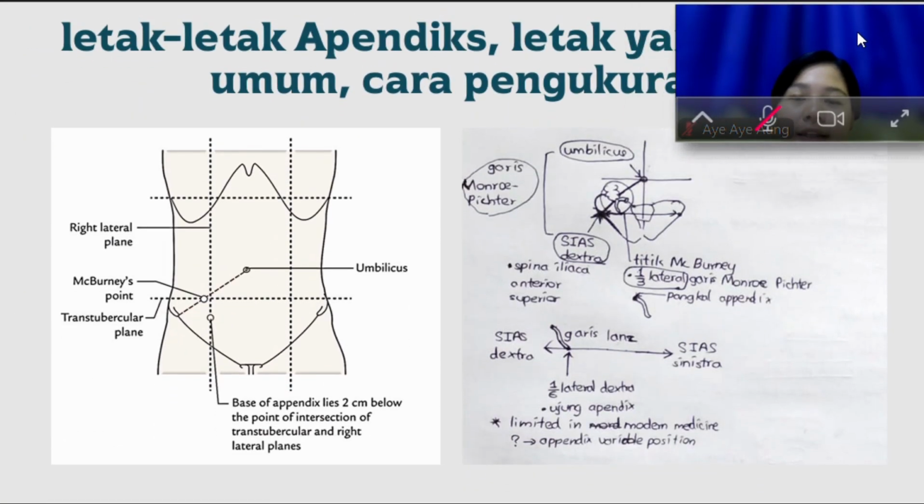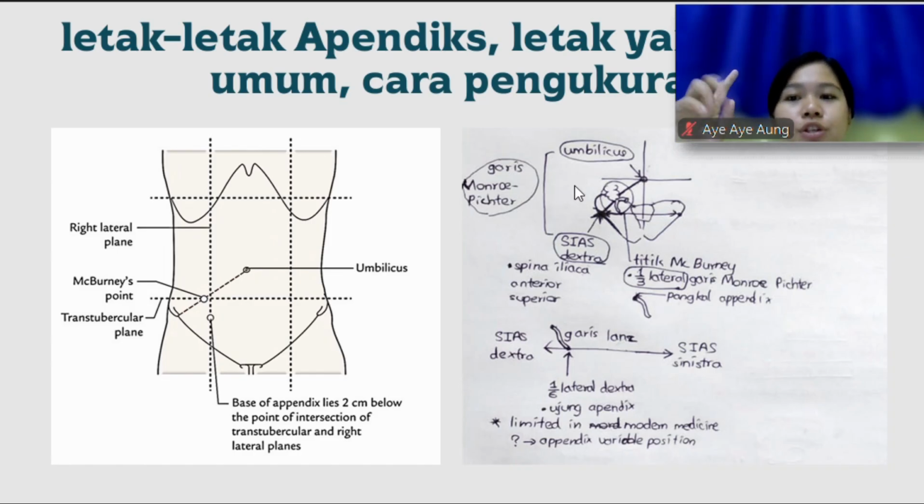Okay, so to estimate the location of the appendix, we need to know two lines, which is the Monro-Richter line and Lanz line. So to know the Monro-Richter line, we can first find the umbilicus, and then find the SIAS dextra. SIAS dextra is spina iliaca anterior superior.